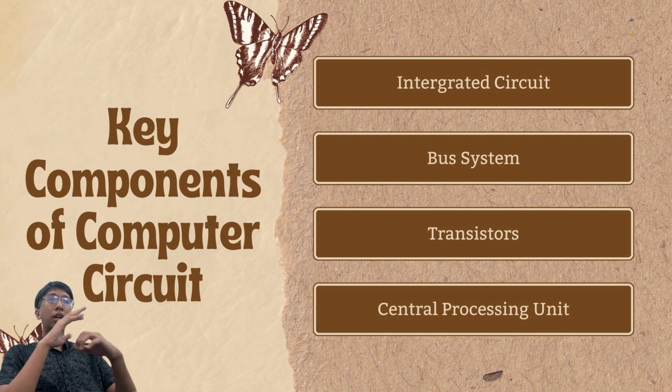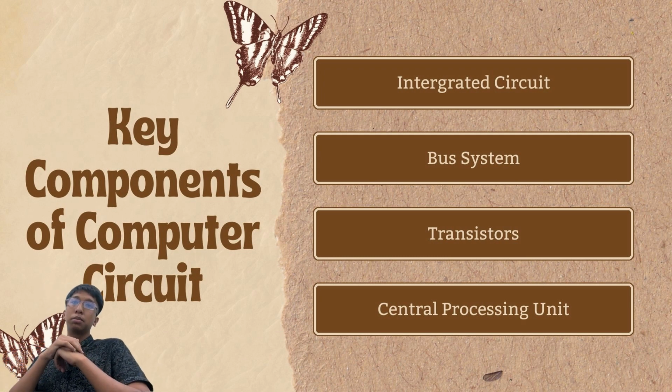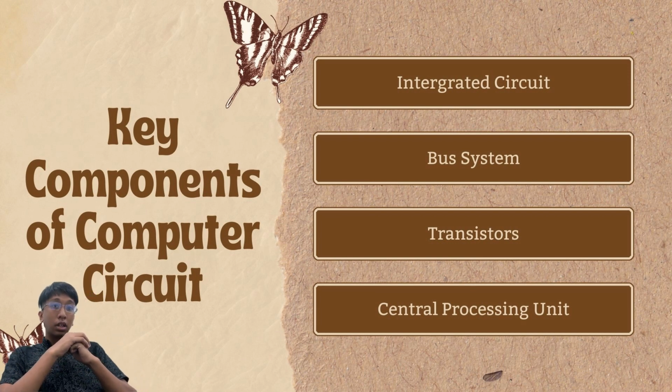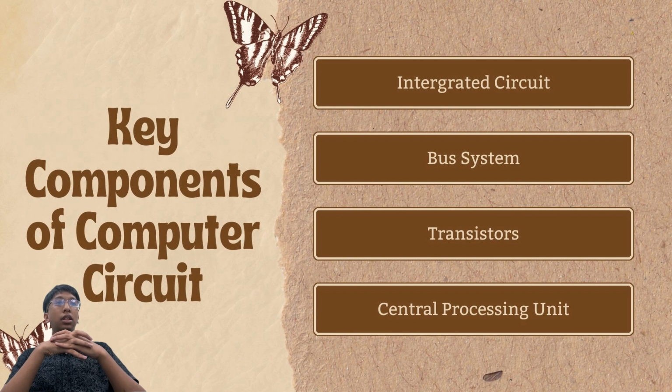Next, we go to the key components of computer circuits, or might I say, the organs of a computer circuit. As listed here, there's the integrated circuit, bus system, transistor, and central processing unit, or we might as well call it the CPU. To be exact, the CPU is not the PC, the big frame. That's not the CPU. The CPU is a small chip on the motherboard of the computer.